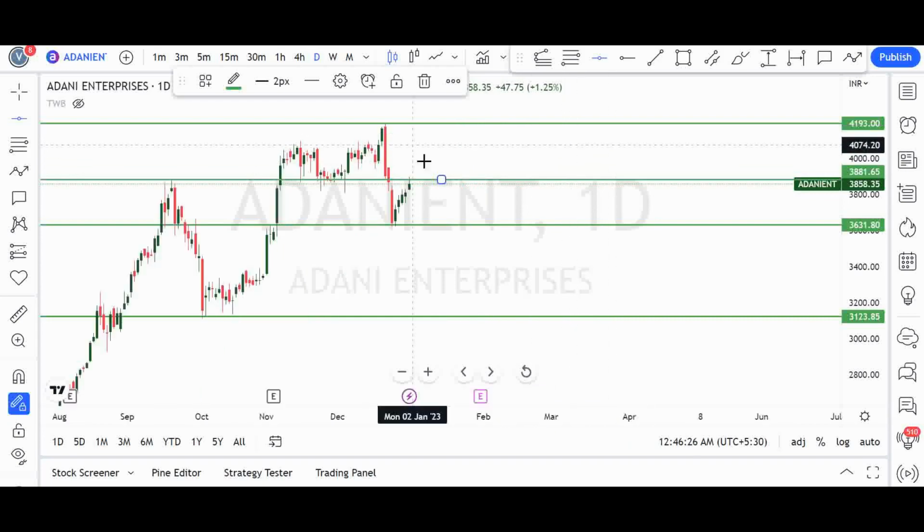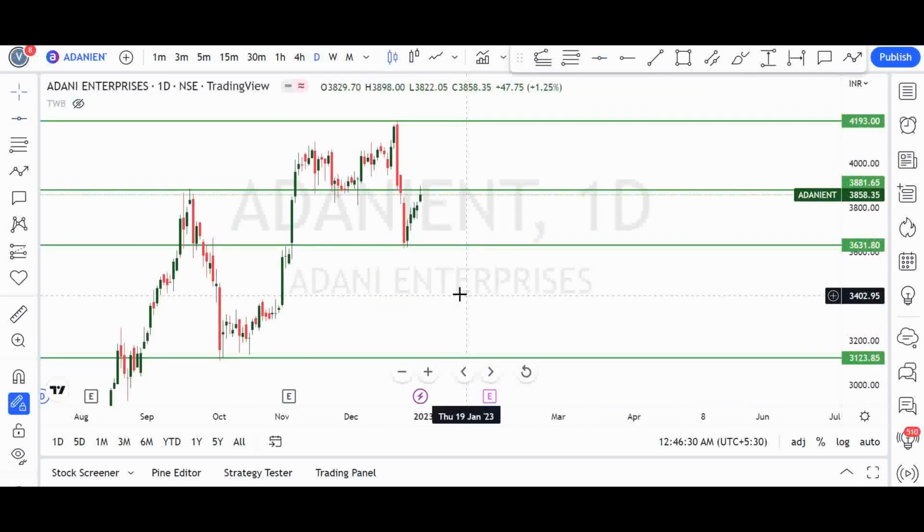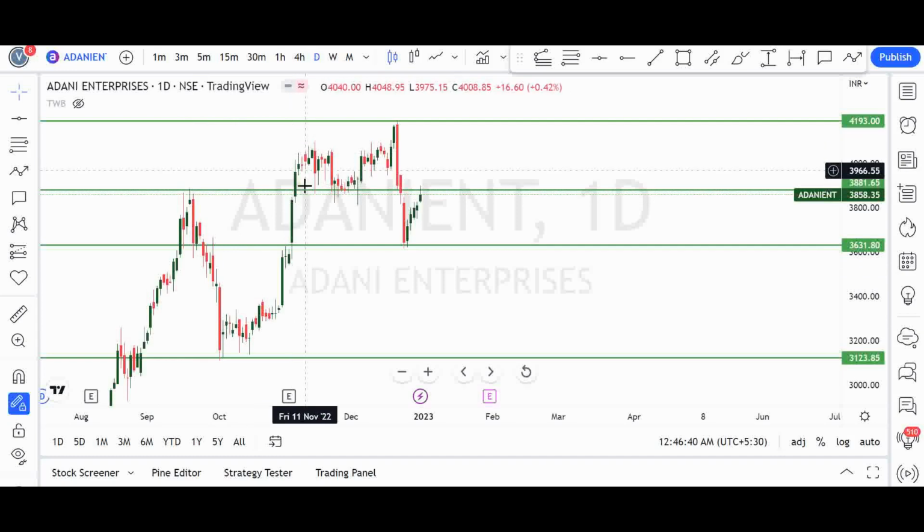You can clearly see that this level was acting as a good resistance before, and from there the market cracked down, and then it came again to this place. Once this breakout happened, it went up to this level, and from there I think this crash is due to the corona fear. Now the market is again at the same level. We don't know whether it will retrace from here or break this resistance and go on to touch this level.